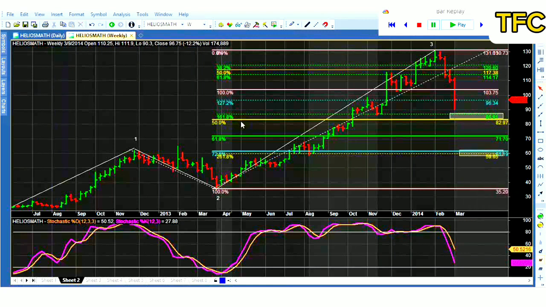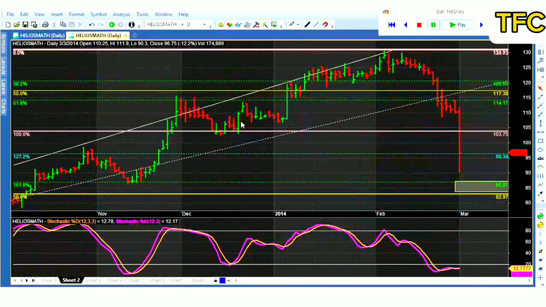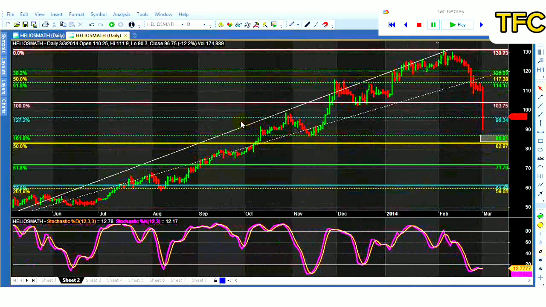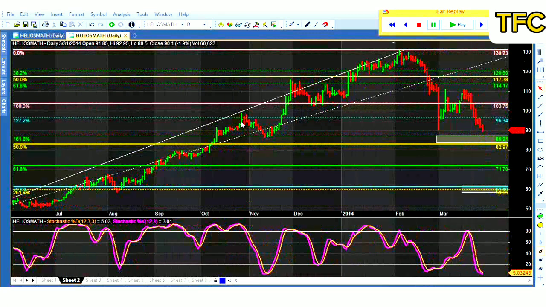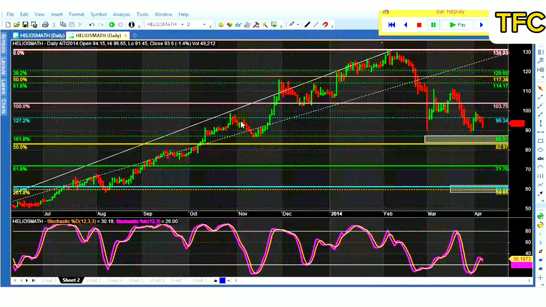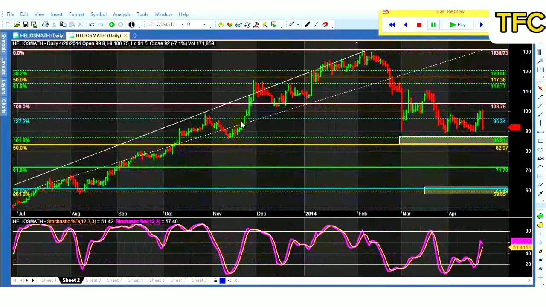Now we will go on to the daily chart to see how wave 4 is unfolding itself. You can see there is a very strong sell down. I'll go ahead and add some bars. It looks like prices found support at 90.